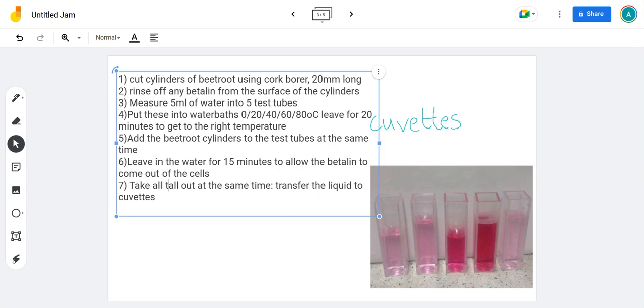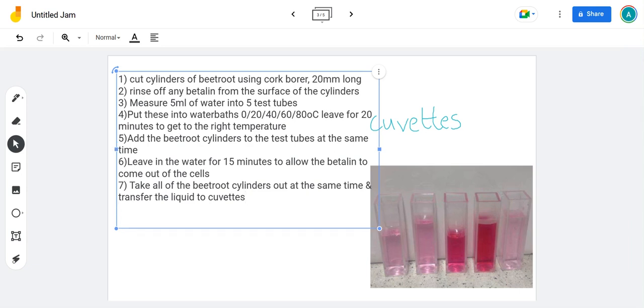Take all the beetroot cylinders out at the same time, and transfer the liquid to the cuvettes. Okay, so you take the beetroot out of all 5 and then put the liquid from all 5 into the cuvettes, ready to measure.